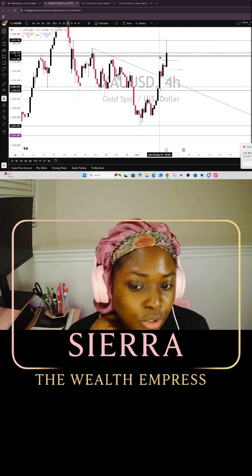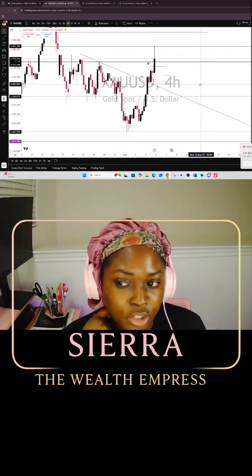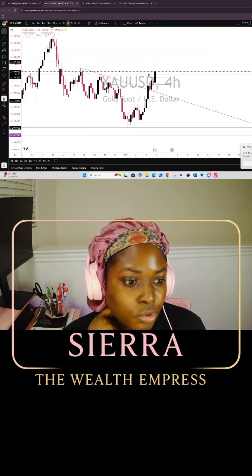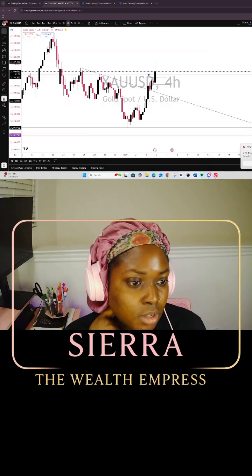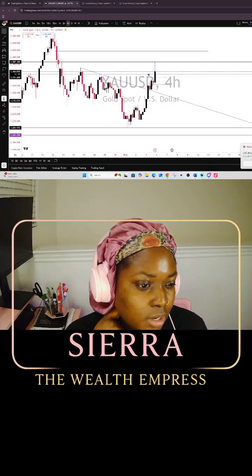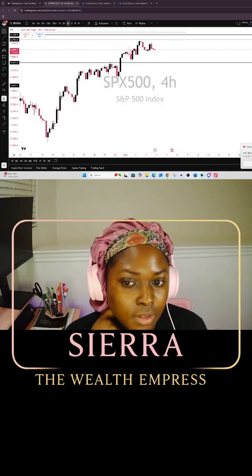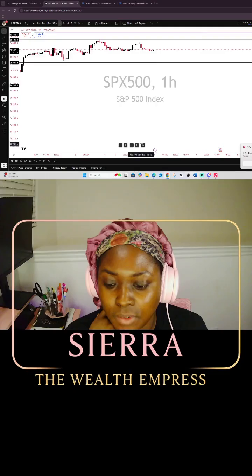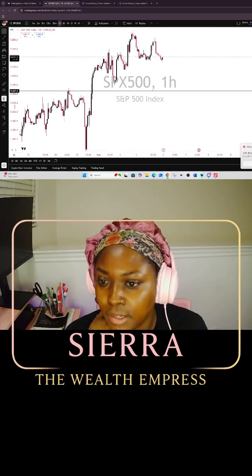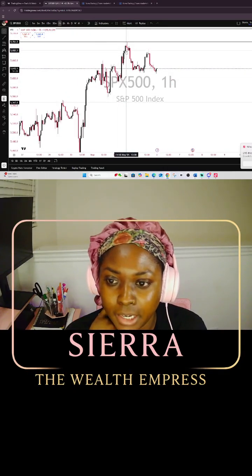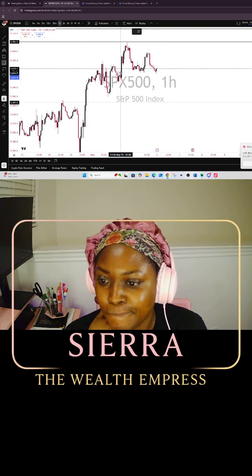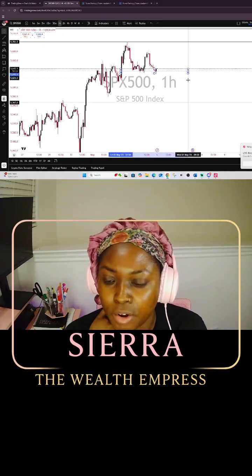How do I know? Fair value gaps are my entries and my exits, or equal highs and equal lows. SPX is the same as NAS, right? So I'm in NAS already. I got in this gap right here. There's another gap right here on the hourly.